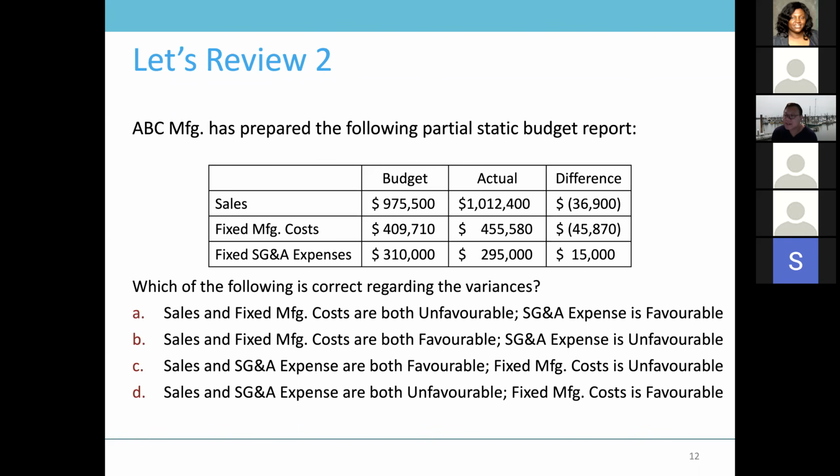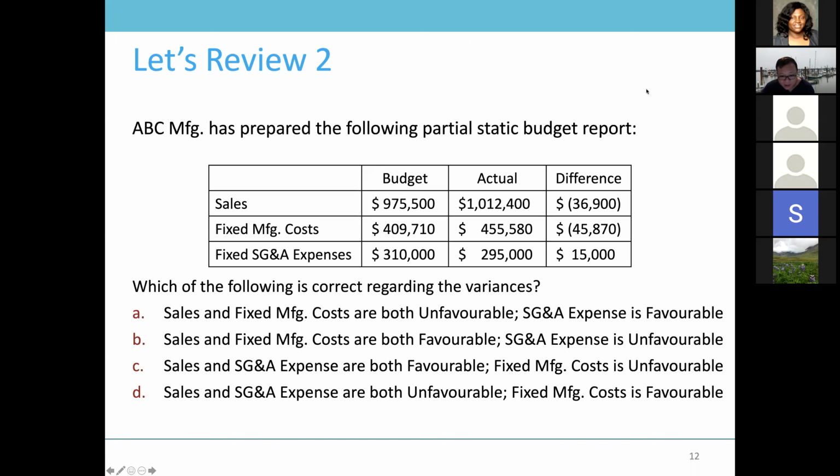So the answer is C, right? The answer is C. So your fixed manufacturing cost, the actual is 455,000, more than the budget 409,000. So that's unfavorable.